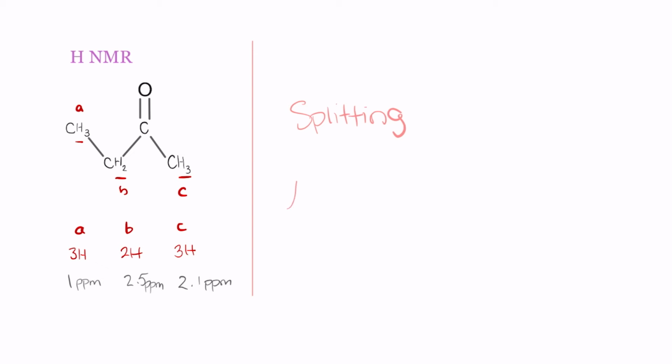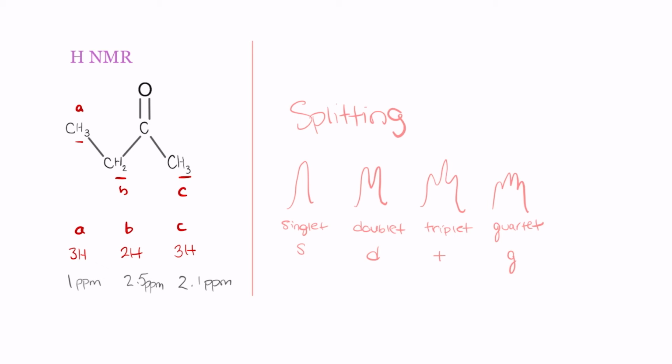If your signal looks like this, that means that it's a singlet, and we typically draw it as an S. If your signal looks like this, your signal splits, and we say that this is a doublet, and we typically call that a D. And if your signal splits this many times, it's going to be a triplet, and your signal is going to be called a T. And if your signal is a quartet, it's going to appear like this, and it's going to be a Q, and it goes on and on.